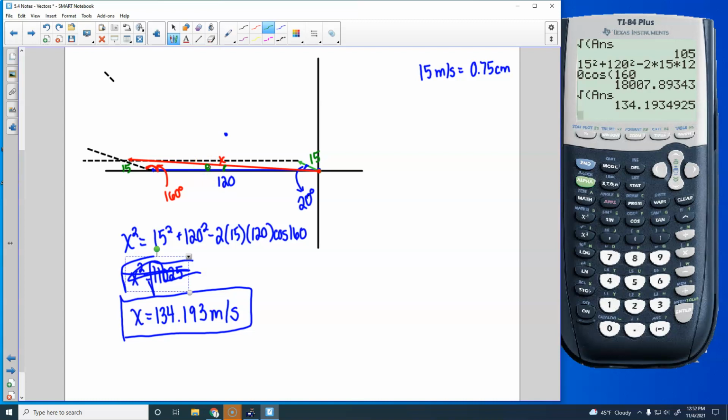And so it is across from the 15. So I would say sine of theta over 15 is going to equal sine of 160 over the side that I know here, which is the 134.193. The only other angle I know in this triangle is this 160, although I guess I could find this other angle here, but it is not necessarily helpful.